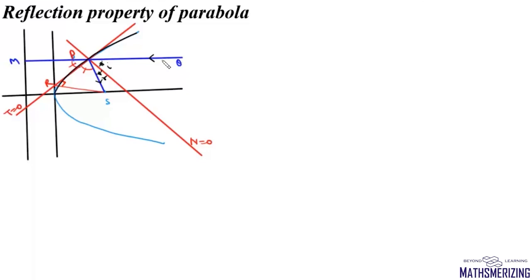So any ray traveling parallel to the axis of the parabola will converge at the focus. In the same way, if there is any ray which passes through the focus, it will become parallel to the axis of the parabola. Now there will be some questions on this reflection property of a parabola.